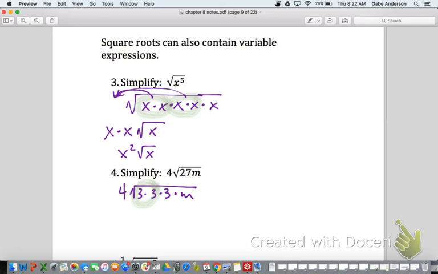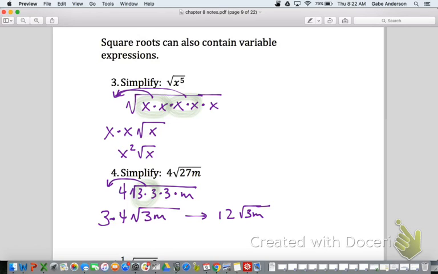And so that pair of 3s comes out as a single 3. 3 times 4 times the square root of 3m, for a final answer there. Does that make sense to you guys?